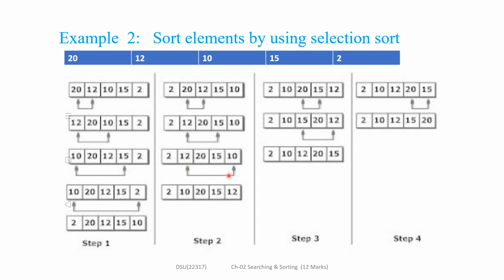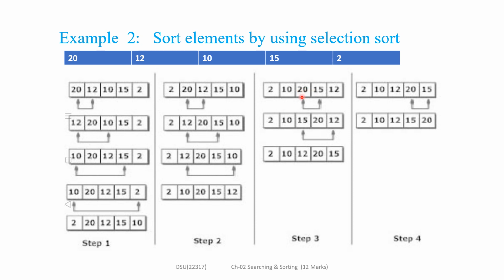Now 12 is compared with the last element. 12 is greater than 10, so there is an exchange in these elements. Now we will get this list after pass 2.